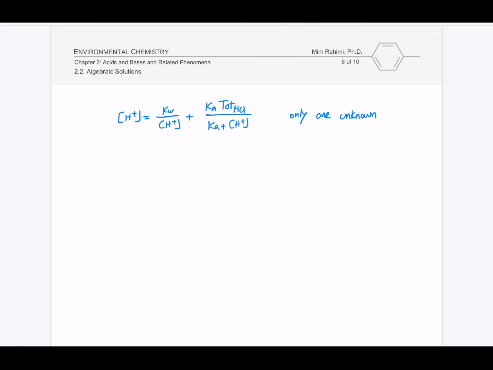Second order? So we have to multiply all of them by H plus times Ka plus H plus, correct? And then we have one H plus here, so it's a cubic equation.